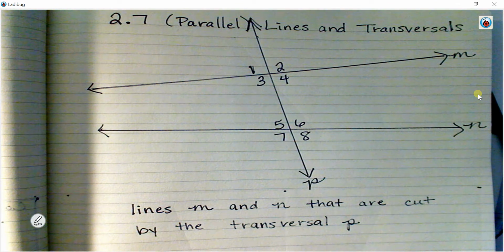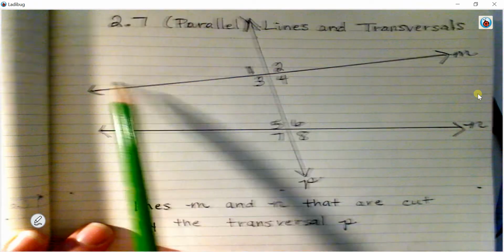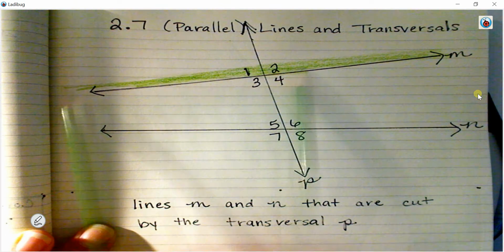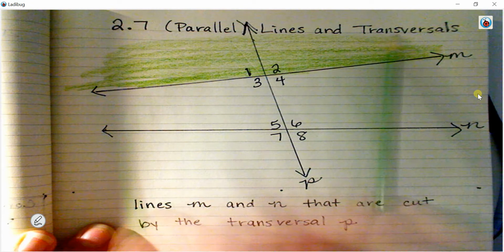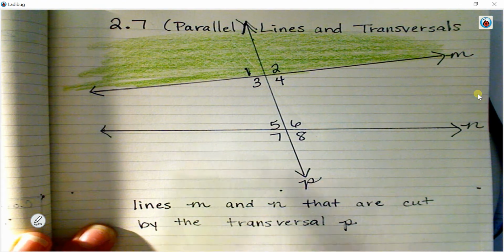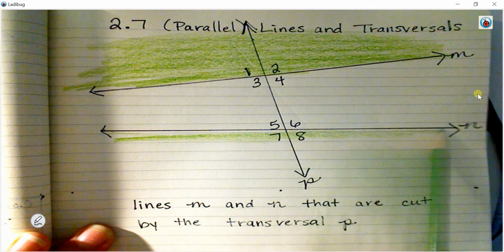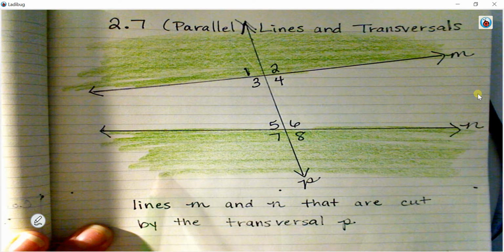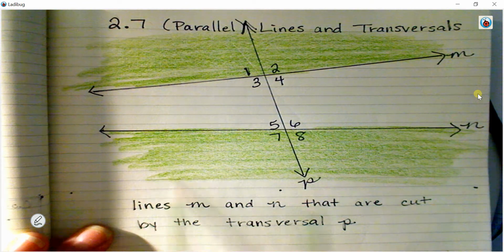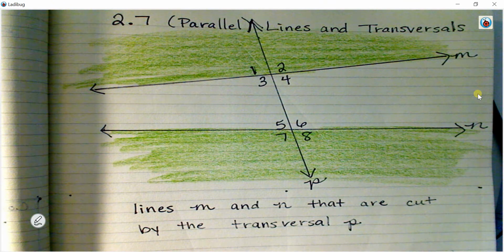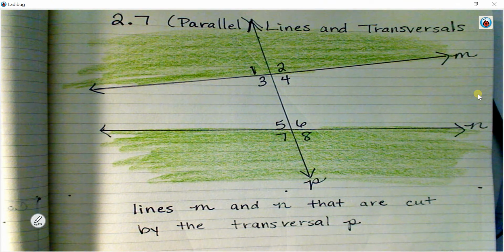Then I'm going to take my colored pencils and do a little bit of shading. So I'm going to shade up above line M. And using that same color, shade down below line N. Not too dark, because I'm going to want to write on top of this in just a second.